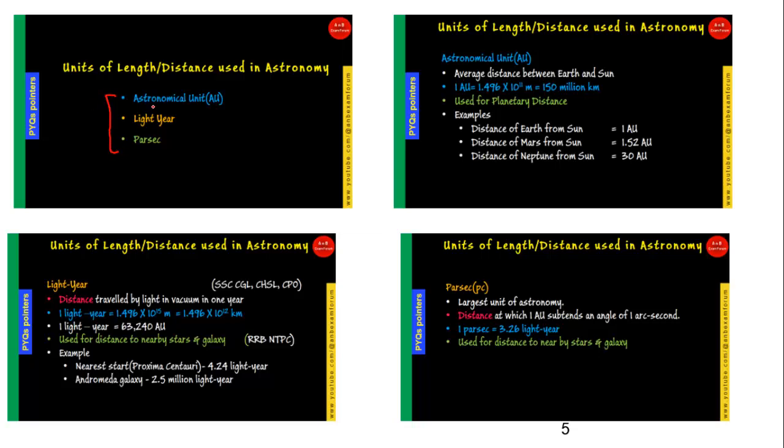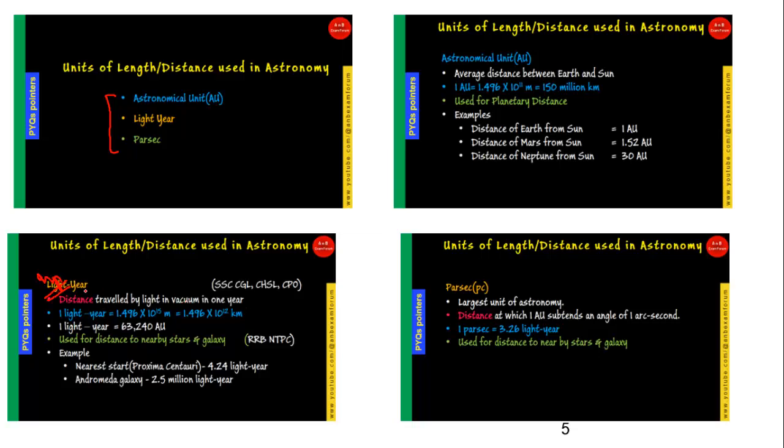First one is astronomical unit, which is used to measure planetary distance. We have seen that it is the average distance between Earth and Sun. The next one is light year, and it is very important. I am marking it as very important because light year is the distance traveled by light in vacuum in 1 year.